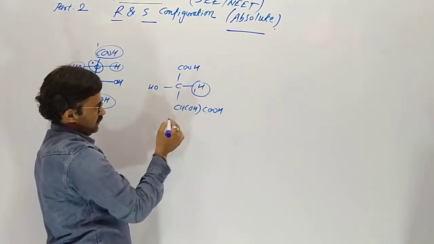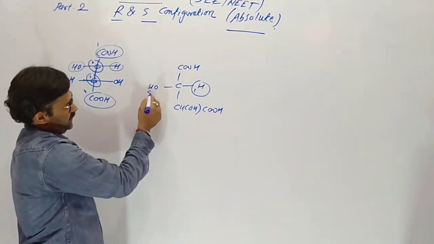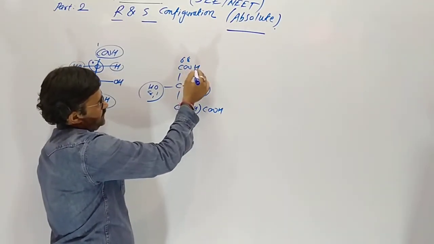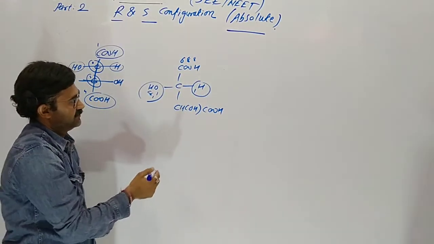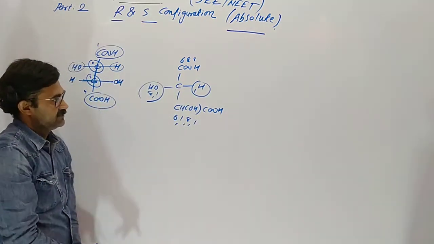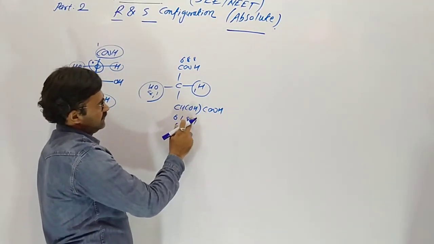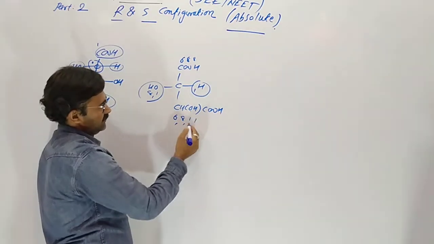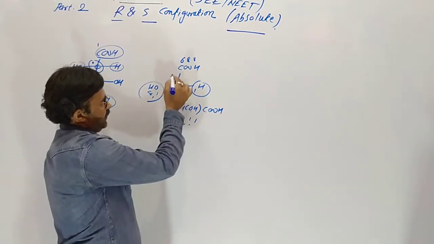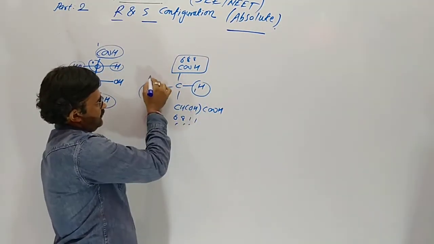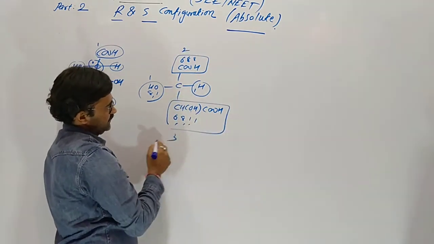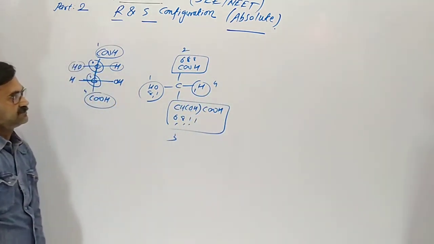Here, the numbering code is by atomic number. Here 8, 1; here 6, 8, 8; here 6, 1, 8, 1. So this part is number 1, this one is 2, this one 3, and 4.